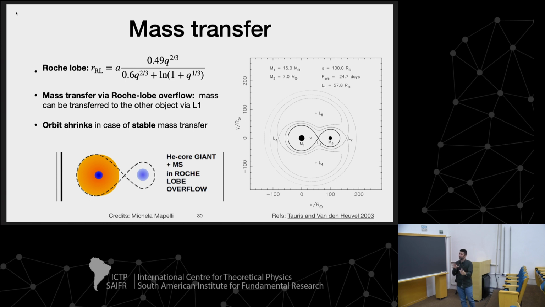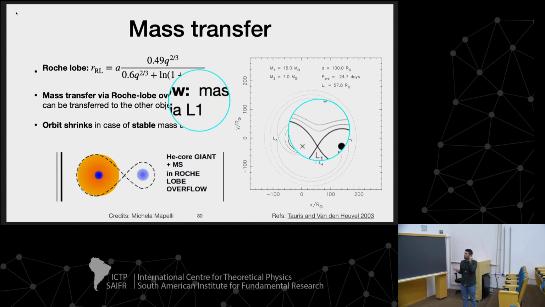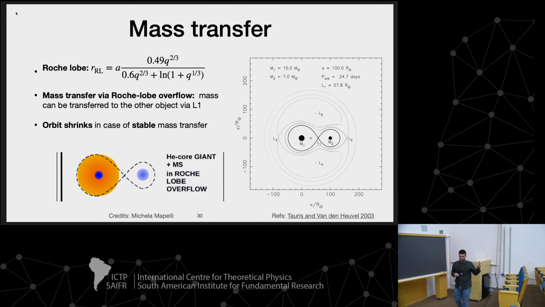When this happens, you have mass transfer via L1. L1 is the first Lagrangian point, this one. So basically what happens is that the mass is transferred from one star to the other.